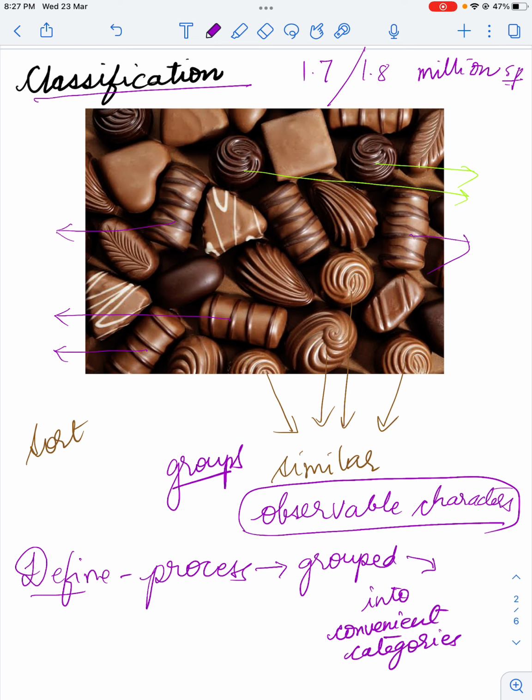And how do you group them into convenient categories? Based on some, not all, remember, based on some easily observable characters.